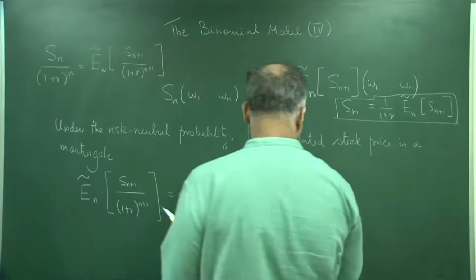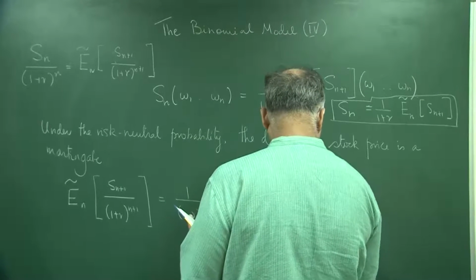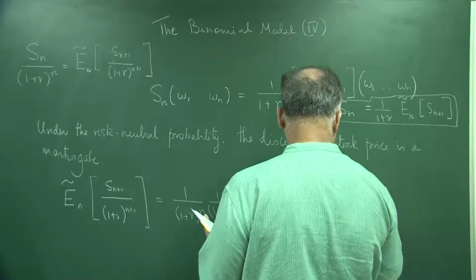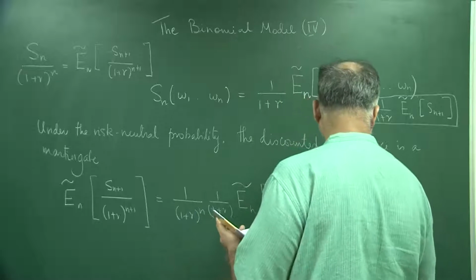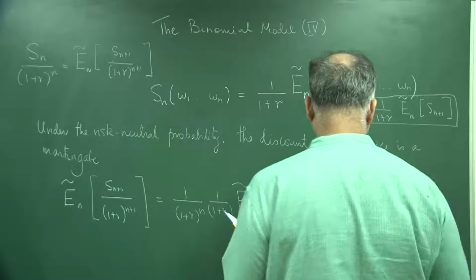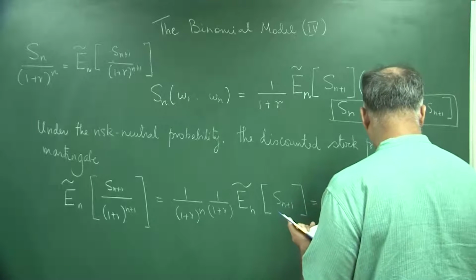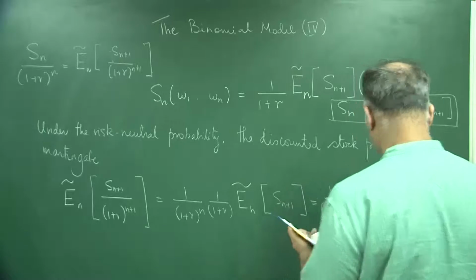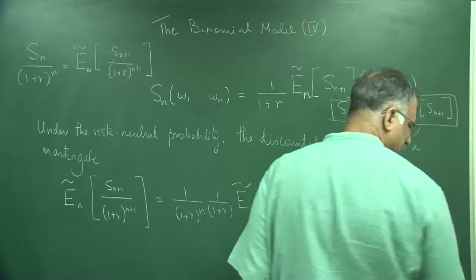And this is nothing but 1 by 1 plus r to the power n times 1 by 1 plus r, because this expression is nothing but p tilde Sn plus 1 omega 1 omega 2 omega n, okay, or rather I can just write Sn plus 1, does not matter.